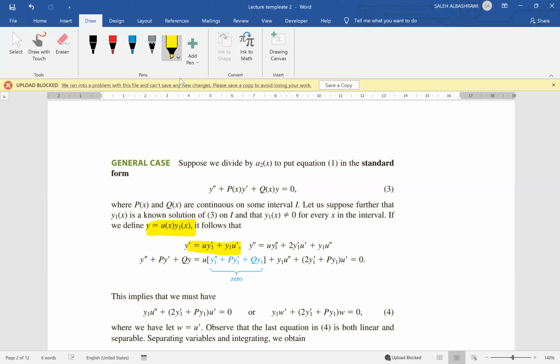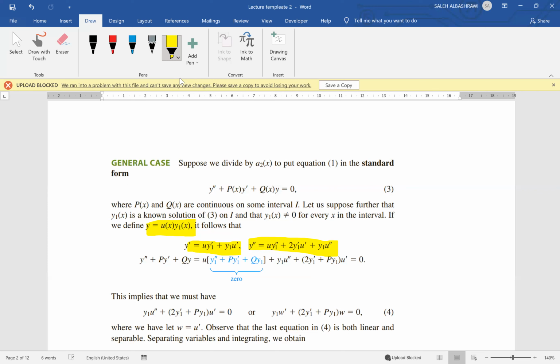The second derivative will be u y1 double prime plus 2 y1 prime u prime plus y1 u double prime.